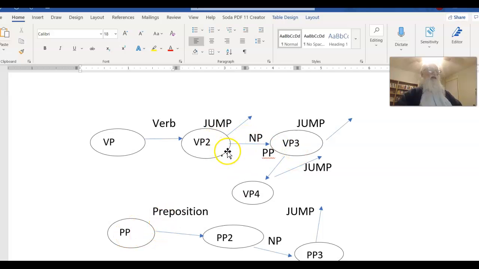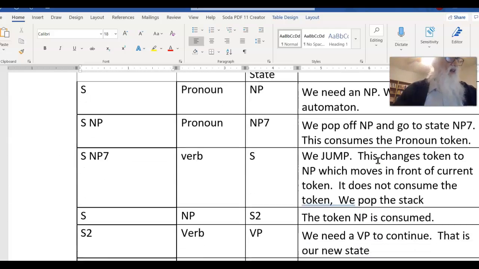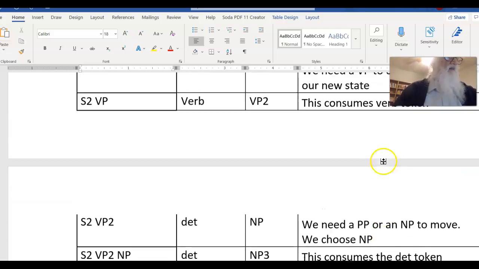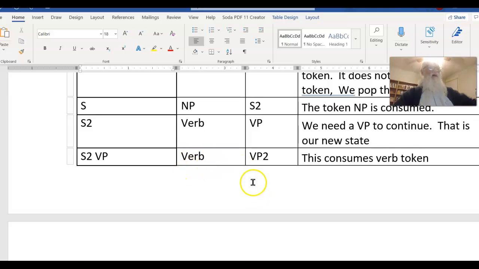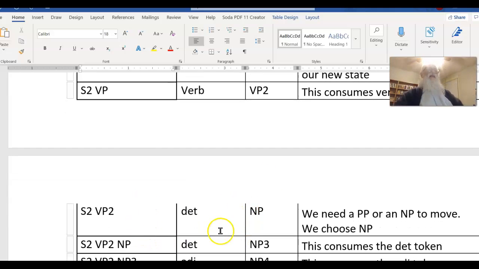I forgot the determiner there. No, I have NP. So NP is what I'd like to get. So how do I get NP? Well, I'm at VP2. I see a determiner. Determiner's not there, but an NP is. So we'll try to get an NP.